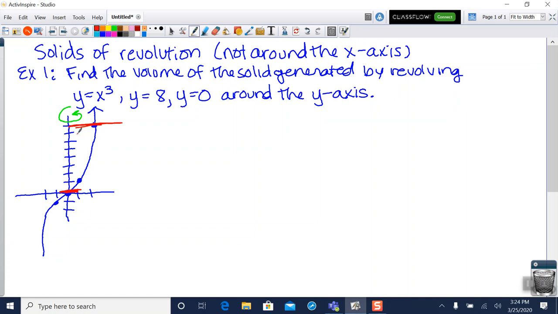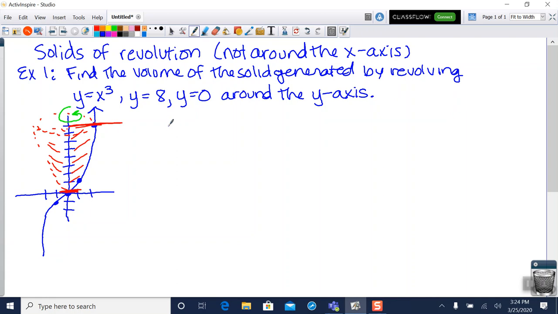And so we're going to be taking this shape right here and rotating it around the y-axis. And so what that's going to do is give us this kind of shape right here that we'll have when we get done rotating it.